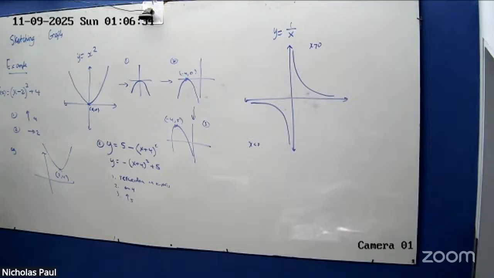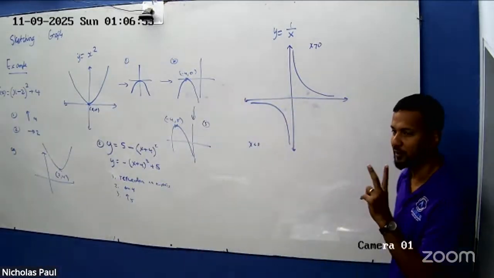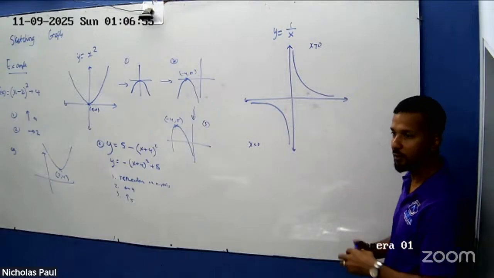Any questions? Right? So let's go on to the graph that you will see more in your exam, number 4. Number 4 is the graph that you might see in your exam a little bit more. Two important things about this graph.